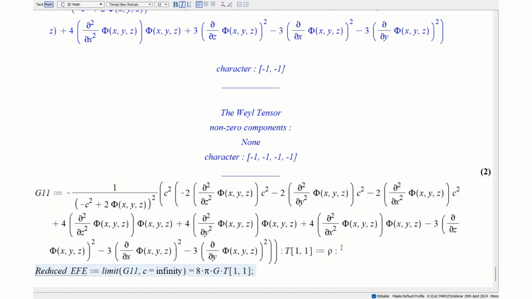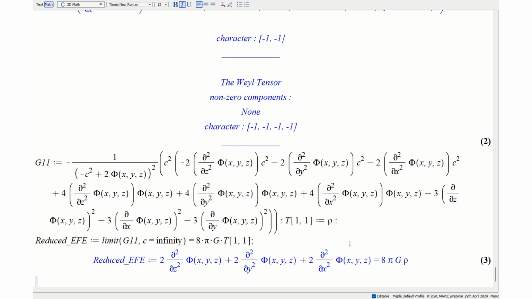G11 and T11 I have picked up so that I can find the first element comparison in Einstein's field equation, and for the limiting situation that leads us to Newtonian mechanics, where c, the upper limit, goes to infinity, and T11 is density.